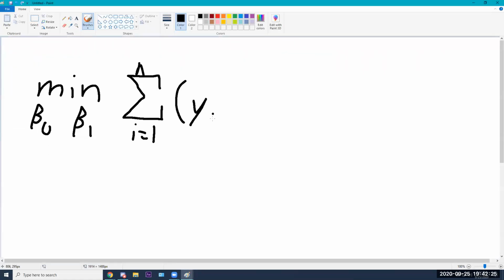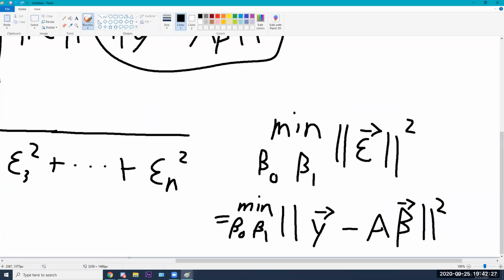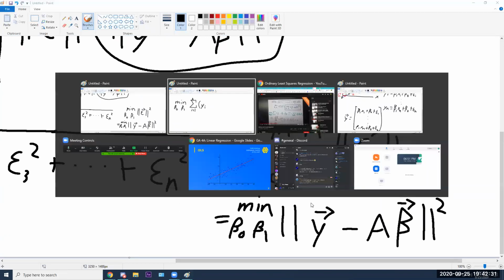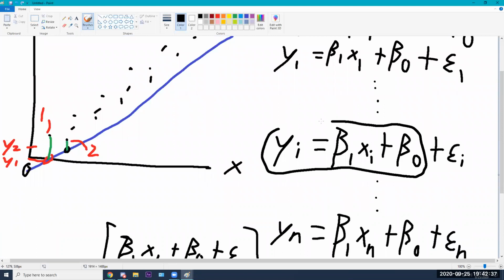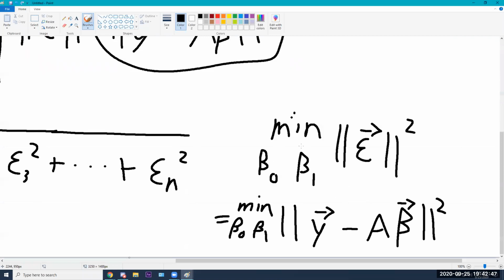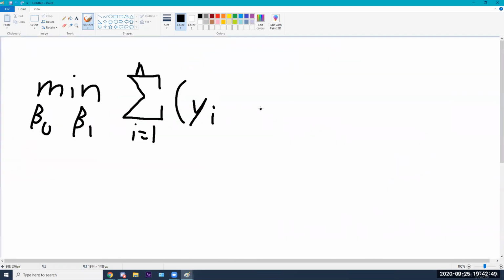So y_i. And then this would be a prediction. And if you remember a prediction function, it was just this, right? Ignoring the error term, it's just plugging in x into the slope and seeing what the y of the line gives you, right? And so here, I think I copied here.